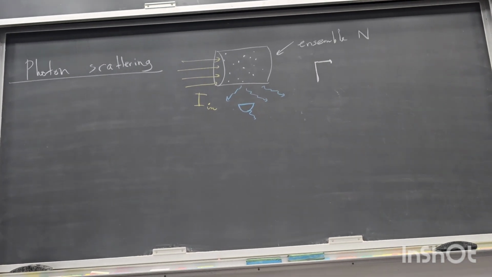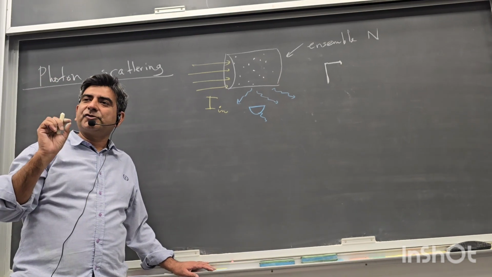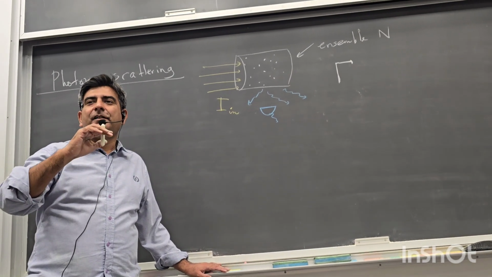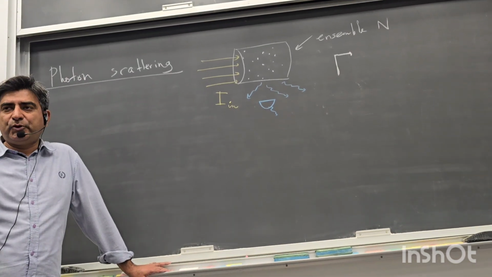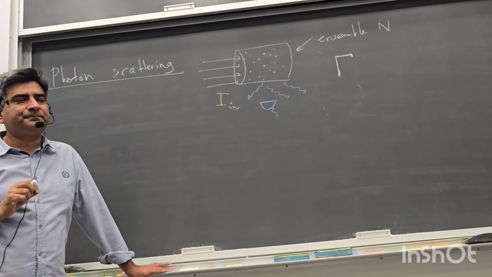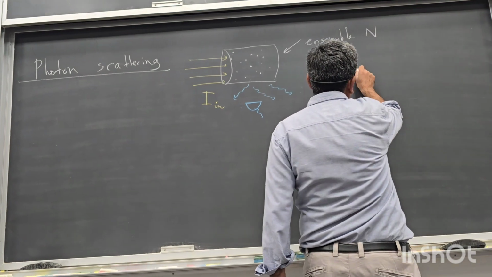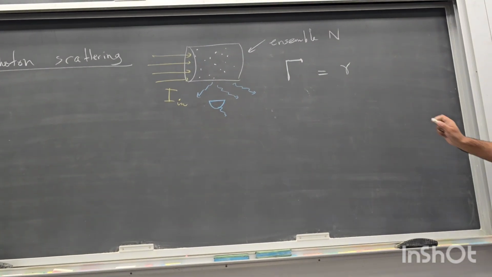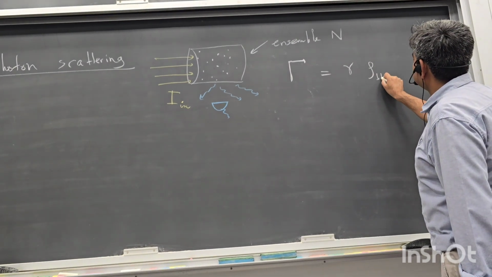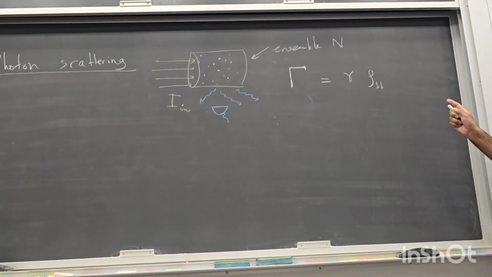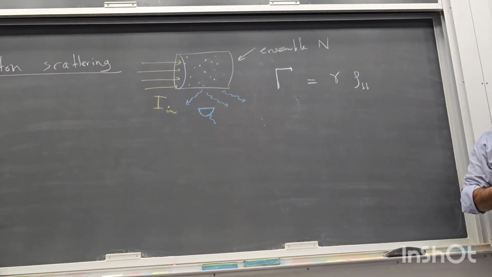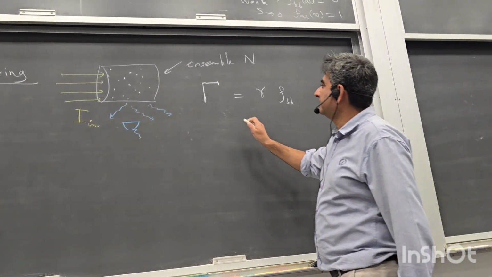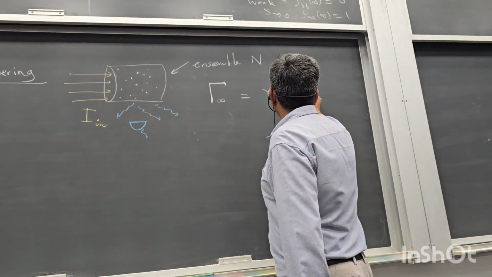Now there is a decay rate associated with each excitation. That's called small gamma. And then there are populations in the excited state. So this gamma is really equal to the scattering rate of a single photon multiplied by the population, the element which corresponds to the excited state population. Right? So in steady state, this will be given by this.